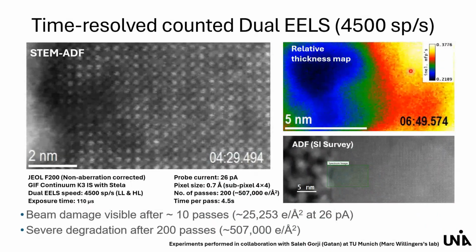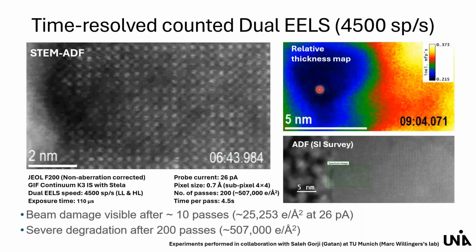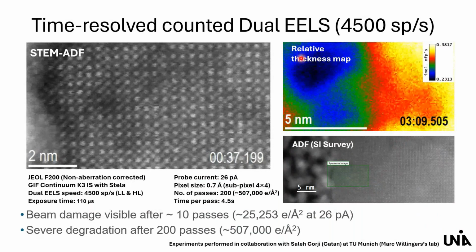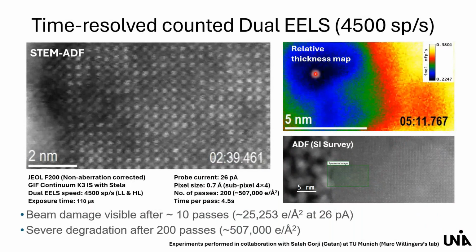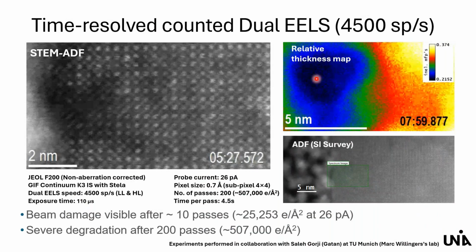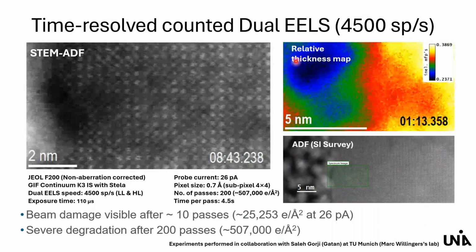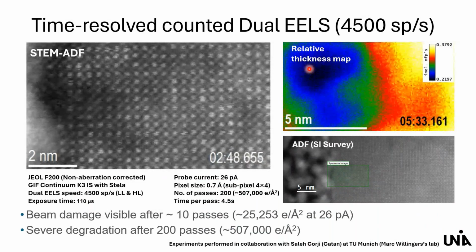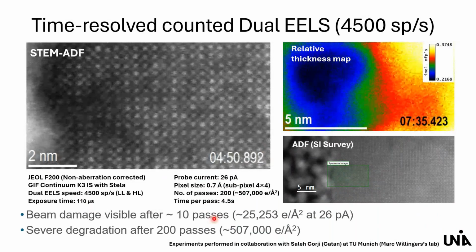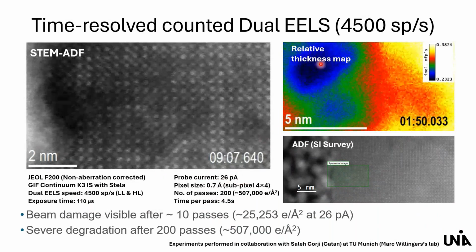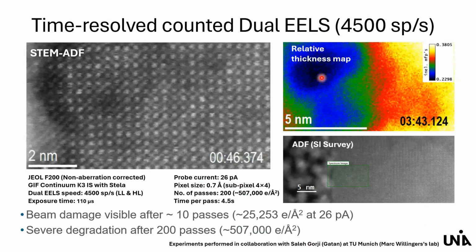The colors in the thickness map are changing. When it starts, I guess at 0, the black and blue region is quite small, but with time this gets larger and larger. So it gets thinner and thinner, meaning that the sample is burned away and you get significant sample damage. Since the probe current is 26 picoamps, after something like 10 seconds, there is a significant beam damage.